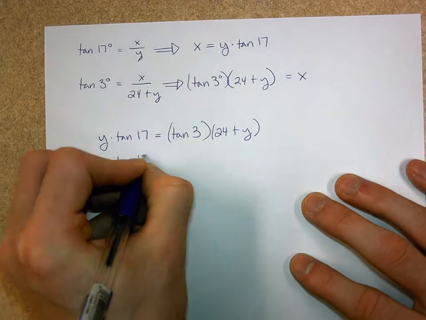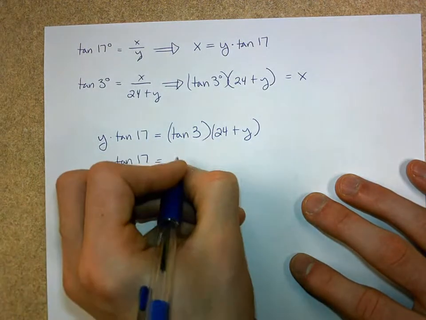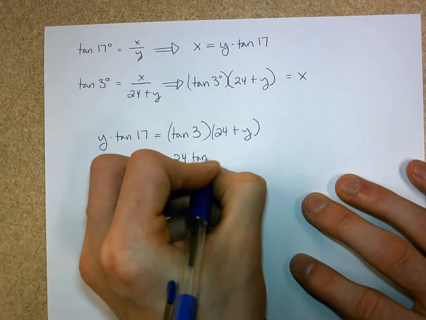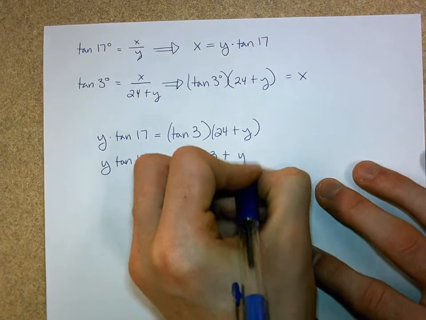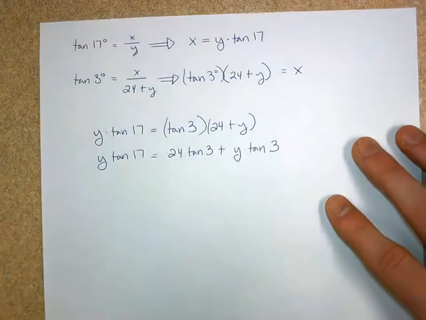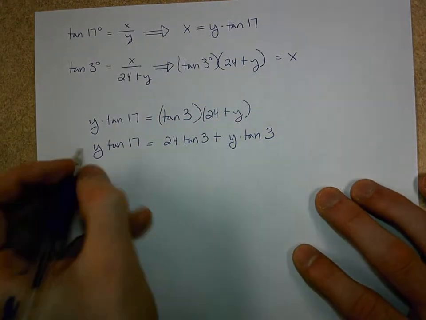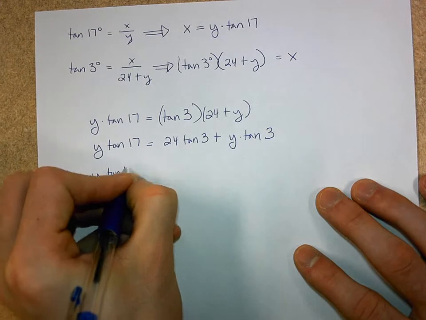So here I need to distribute my tangent of 3 into both pieces: 24 times the tangent of 3 plus y times the tangent of 3. I can move my y tangent of 3 to the left-hand side.